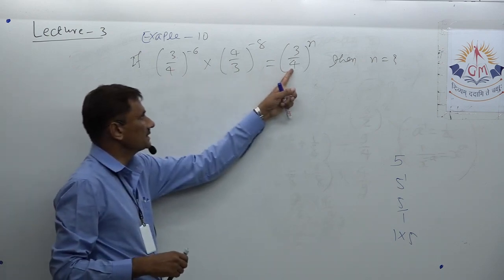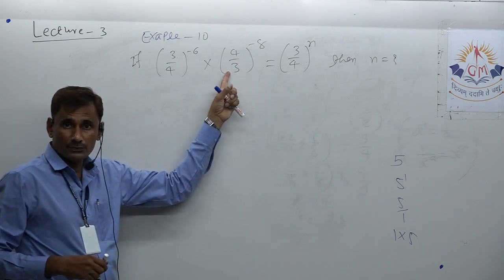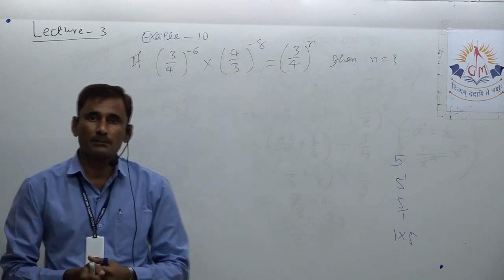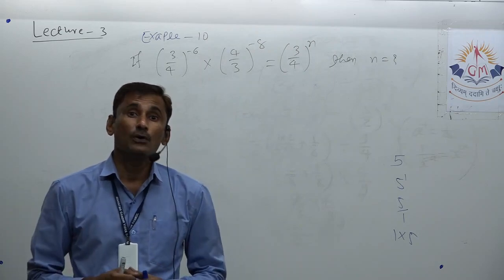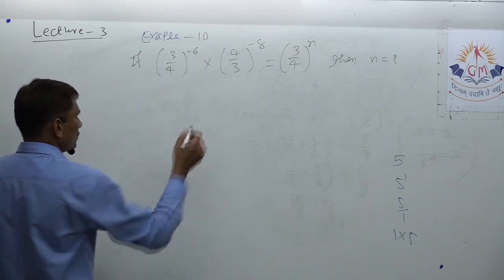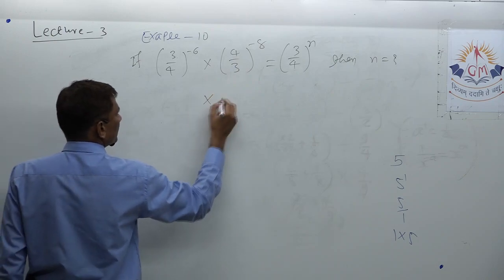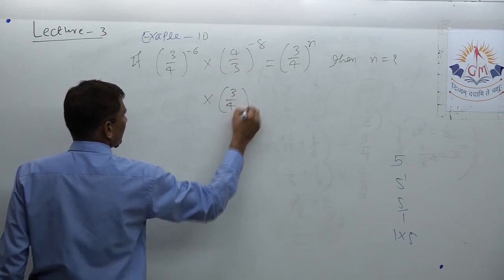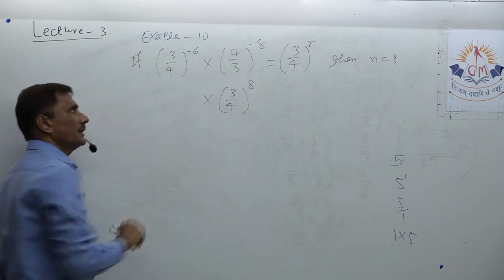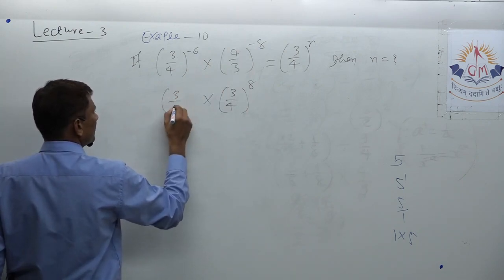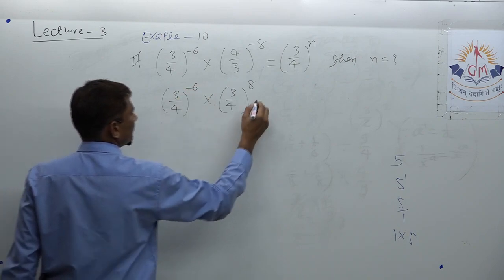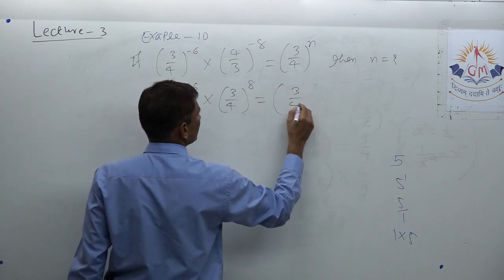Because at two places is 3 by 4, it must be here 3 by 4. So that we can apply here product law and then we can simplify and find value of it. Okay, so I am just doing here 3 by 4 by making minus 8 to be positive. Nothing to do here, just write it here also.